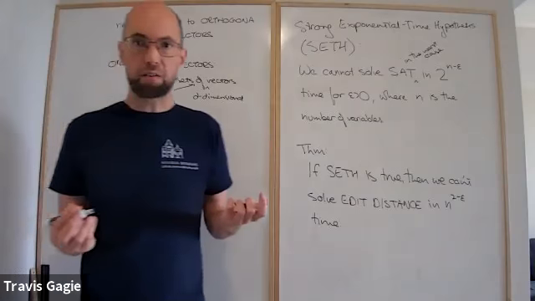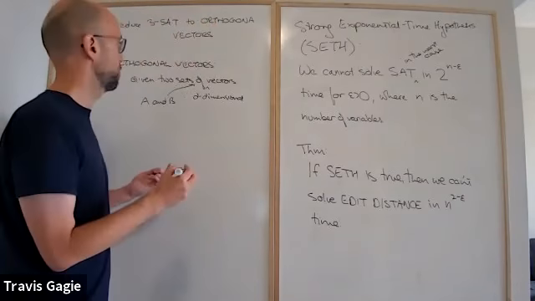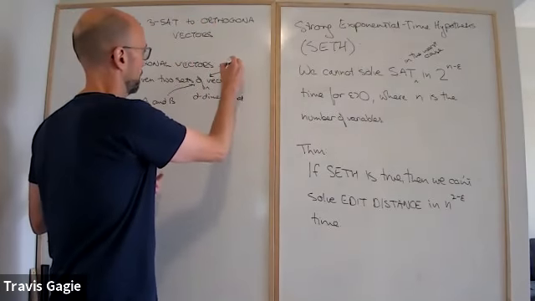D is going to be pretty small. And we're going to assume binary.